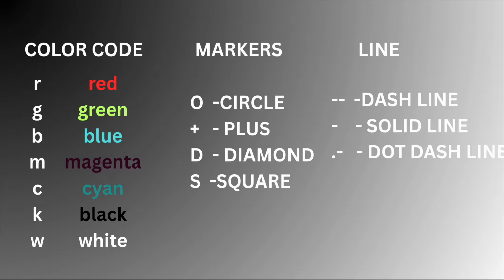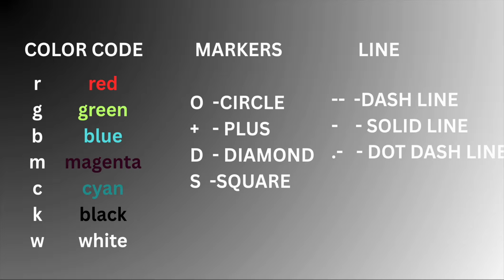Some of the color codes: for red we use r, for green g, for blue b, for magenta m, for cyan c, for black k, and for white w. We have to remember all these letters. They have to be written only in small letters.